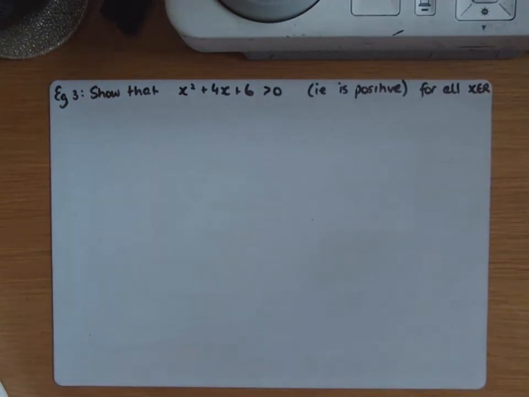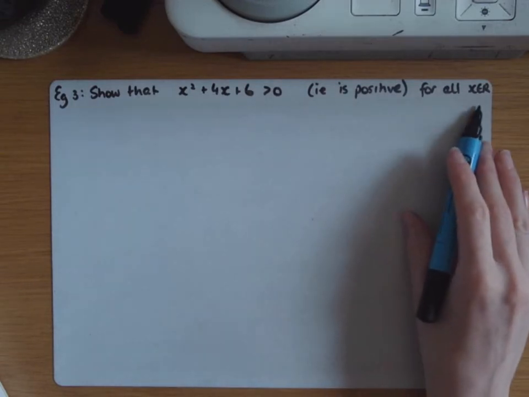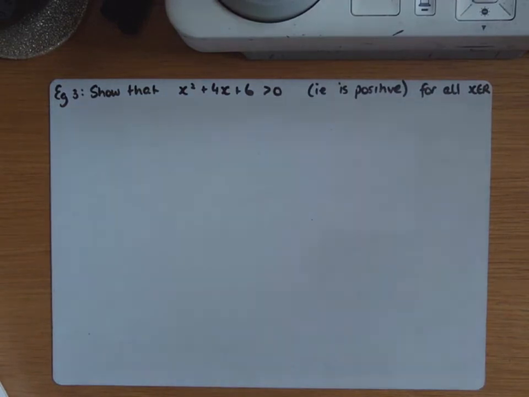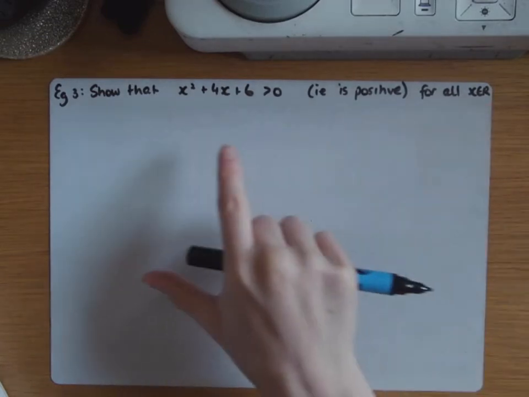So if a question did say to you, show that x squared plus 4x plus 6 is positive for all values, you need to put in your inequality, okay? So if it's positive, it has to be greater than 0 for all x an element of the reals. So I'm going to show this is positive.